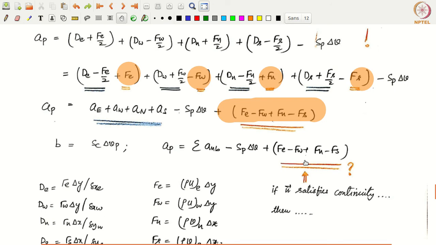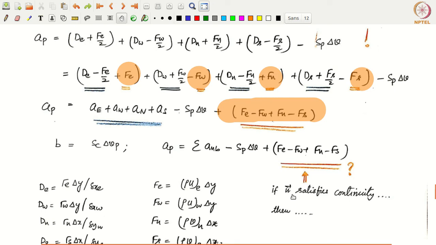Because rho U delta Y, with U positive, is basically rho U bar dot A east bar, which gives rho U delta Y, a positive quantity. So this entire thing is basically the net mass entering and leaving the control volume through all the faces.